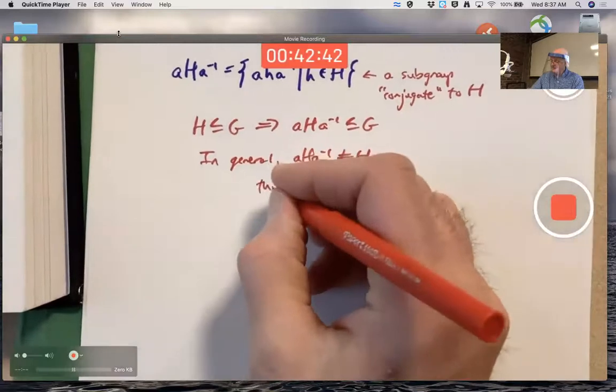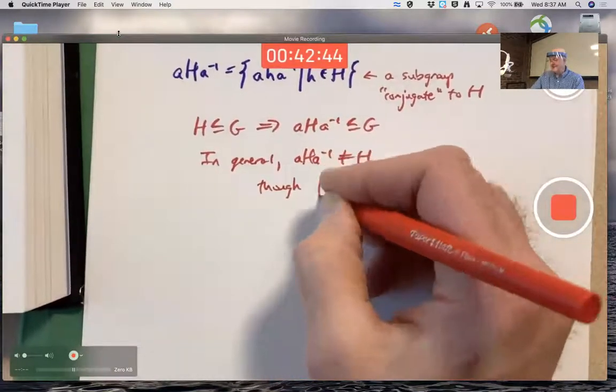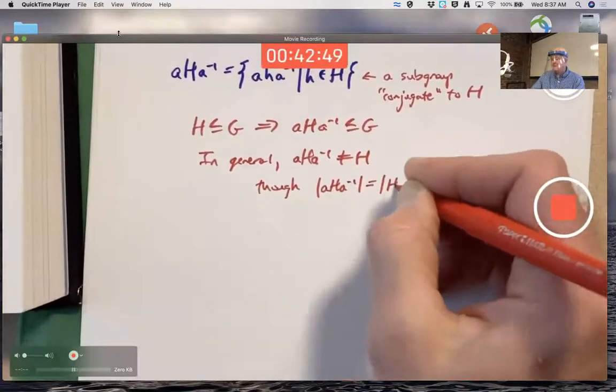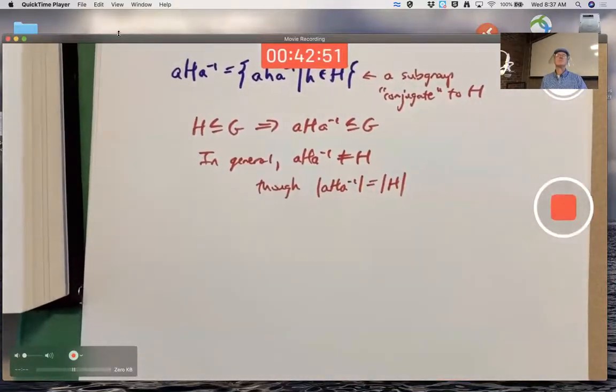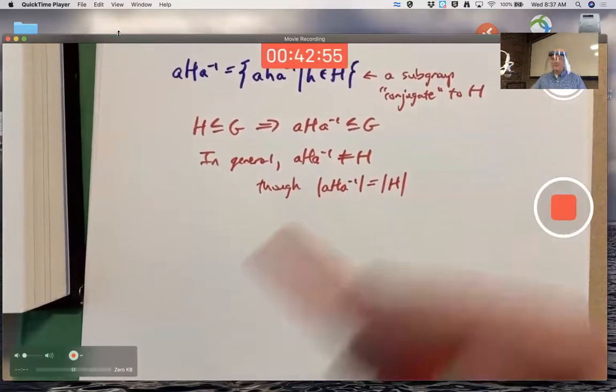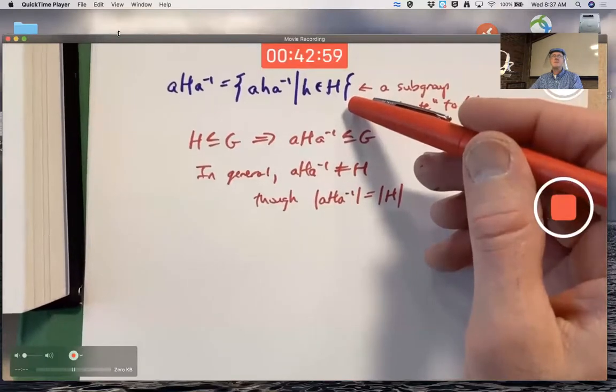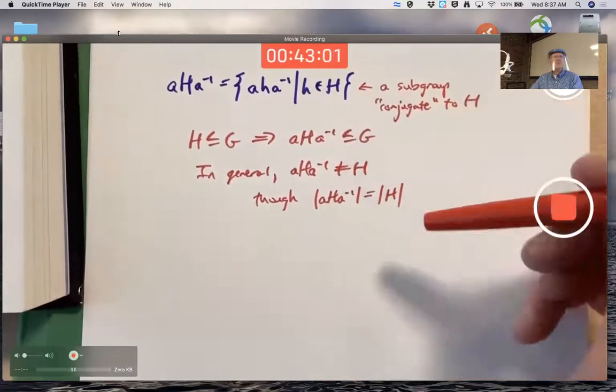Though its order will be the same as the order of H, which should make intuitive sense. I mean, you're letting a little h vary over capital H. Yeah, that's got to be true.